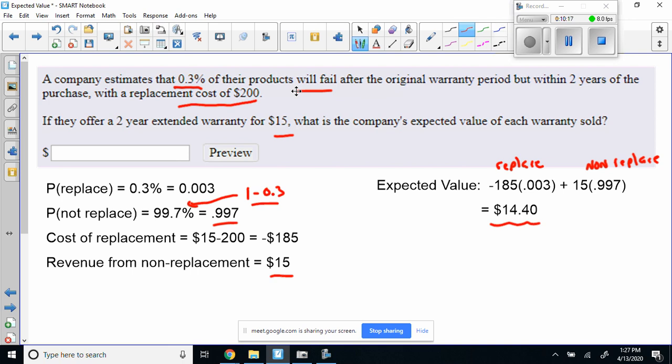I'm selling an extended warranty for $15, but in the outcome, the expected value, even with the 0.3% of things failing, I'm still making $14.40. So really, I'm only losing 60 cents out of that $15, right? So that's a pretty good percent of return.